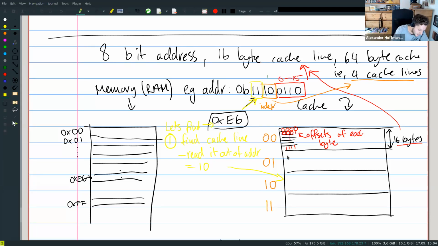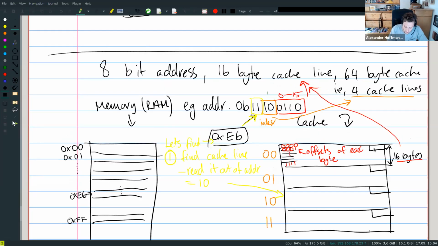The metadata is used in that each cache line stores a few extra bits that store the tag of the current block in it. Since we have 2 bits for the tag, this could be any number: 0, 0, 0, 1, 1, 0, or 1, 1.